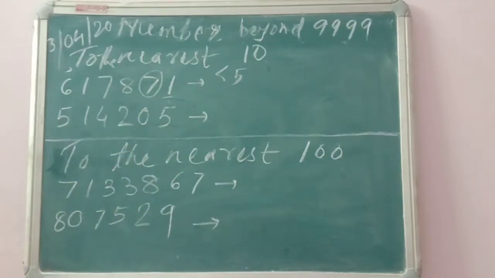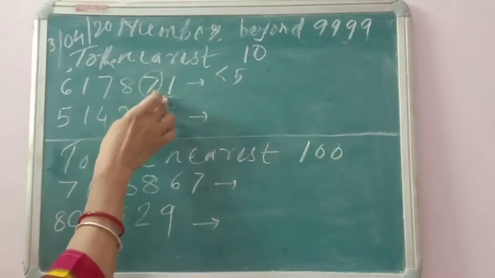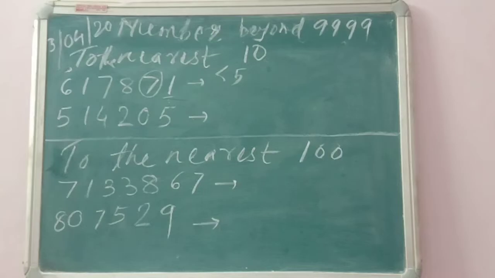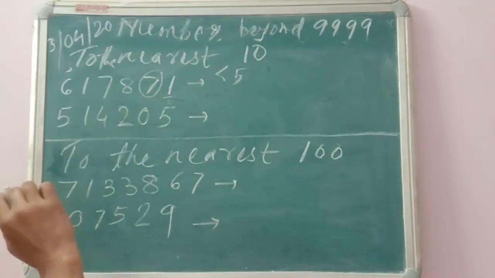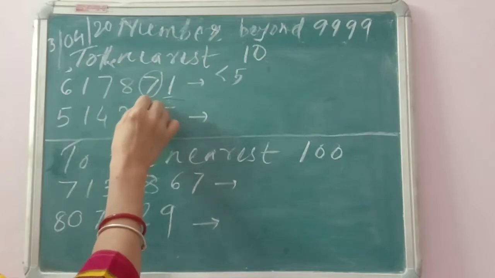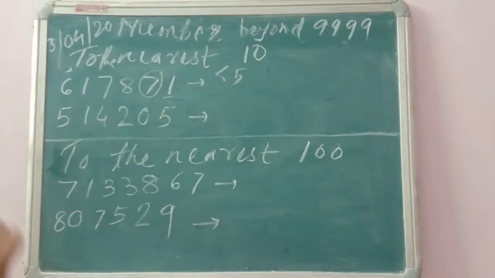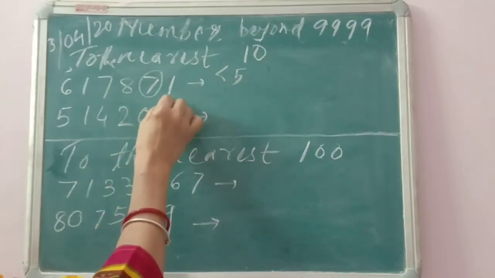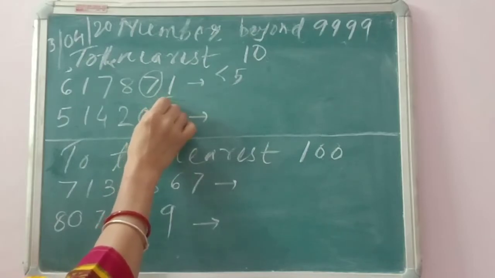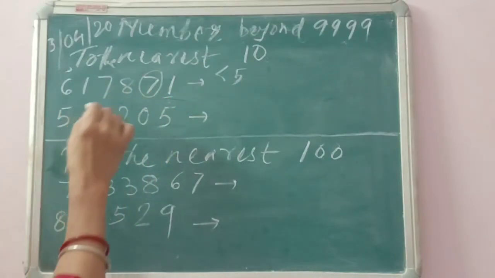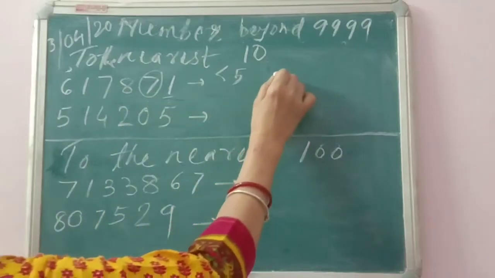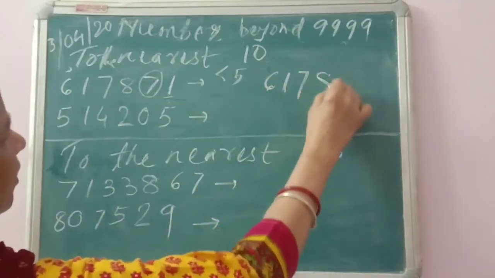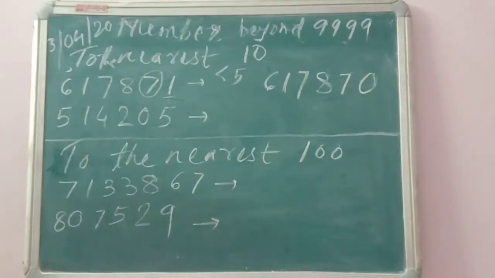Here the digit at the ones place is less than 5, hence the tens digit will not be changed to the next tens. It will remain as it is, and the ones place will be replaced by 0. Hence after rounding this number to the nearest 10, we will get 617870.